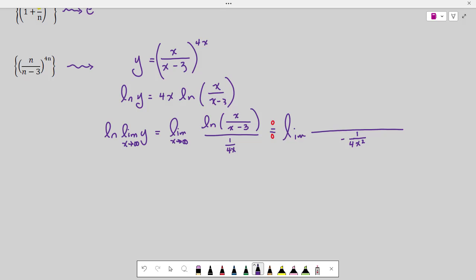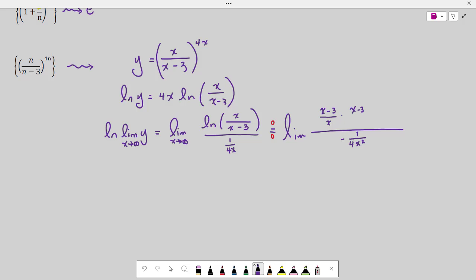So now we take the derivative of the top. It's 1 over the inside. So 1 over the inside is going to be x minus 3 over x. And then we have to differentiate the inside. So that's low d high. D high is 1, so low d high is just low.